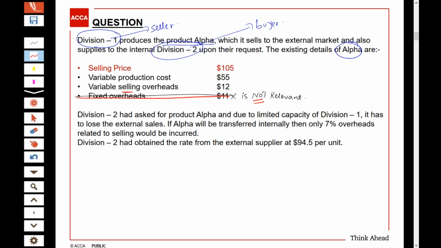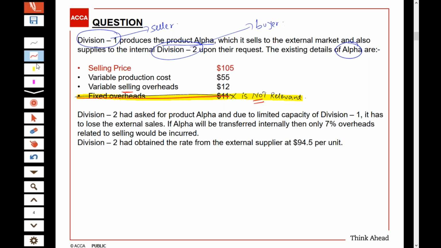For example, if you do not show your interest to buy from me, I will still be bearing this cost. And if you buy from me, I will still be bearing this cost. This is against the principle of relevant costing. Relevant cost principles are being followed and fixed cost is totally not relevant.